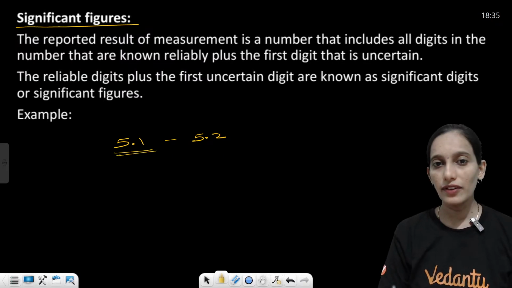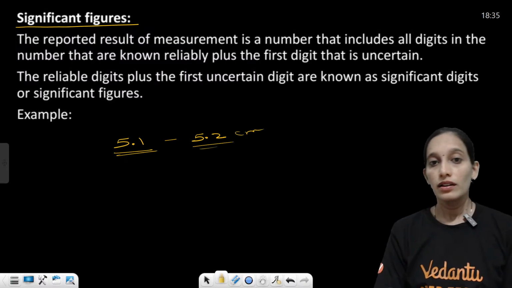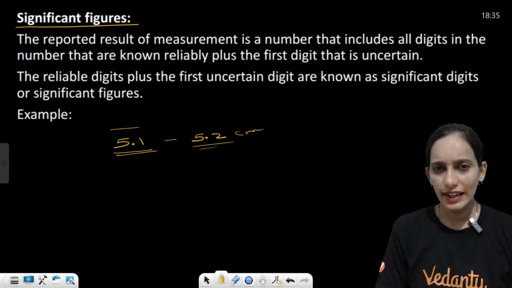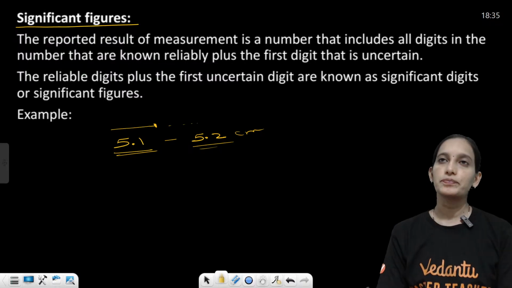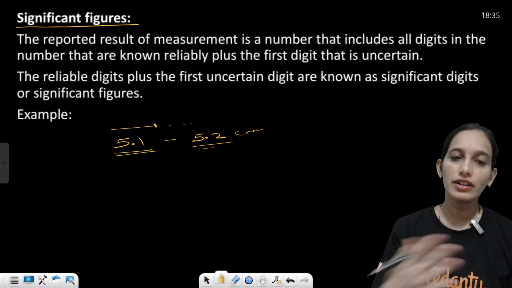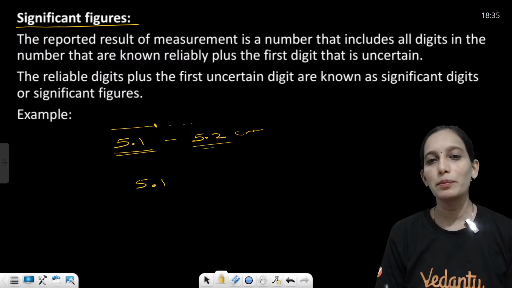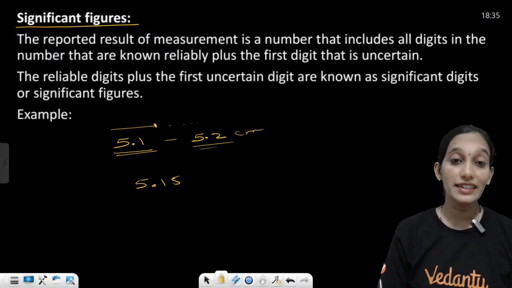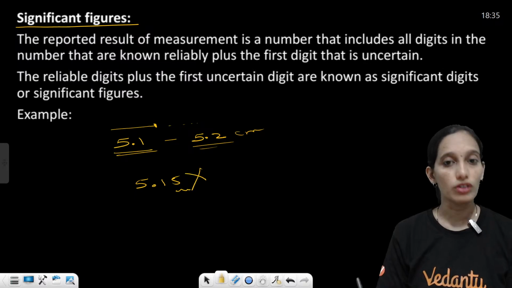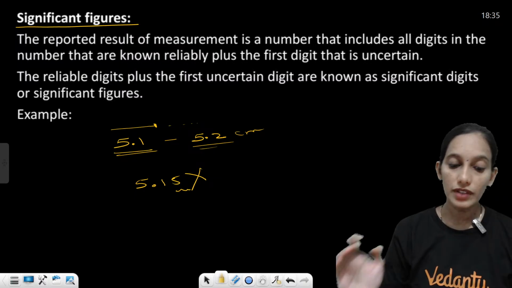Let us imagine the length came as 5.1 to 5.2 centimeters. It is slightly greater than 5.1, but not 5.2. So in our early days, what we used to do was write something like 5.15, whatever second decimal we used to write, but this is wrong.